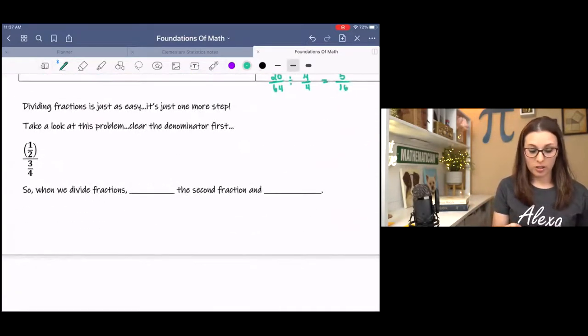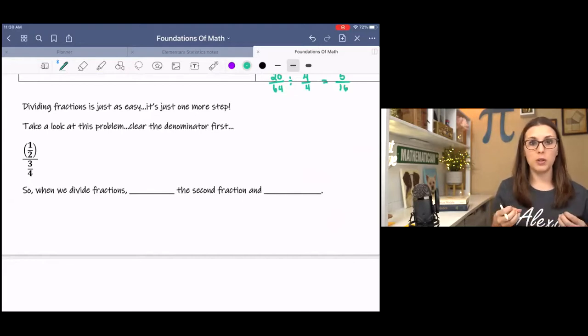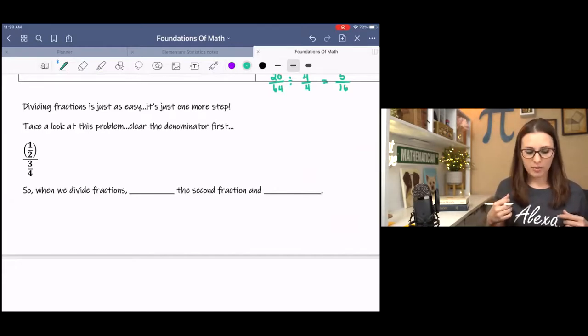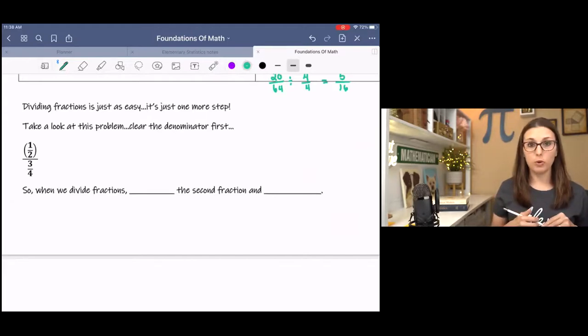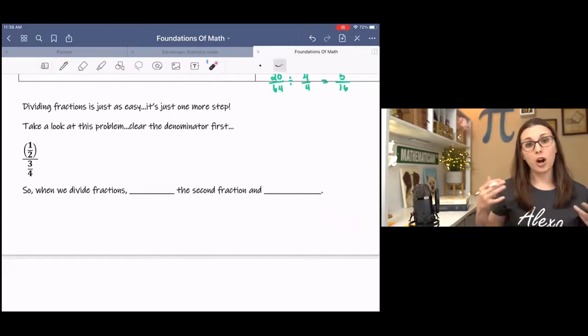Dividing fractions is just as easy. There's just one extra step. The one extra step, I want to explain it to you because I don't want you to just think it's magic. It's math, not magic. So I have this example here, 1/2 divided by 3/4. So I've kind of got, it's called a complex fraction.